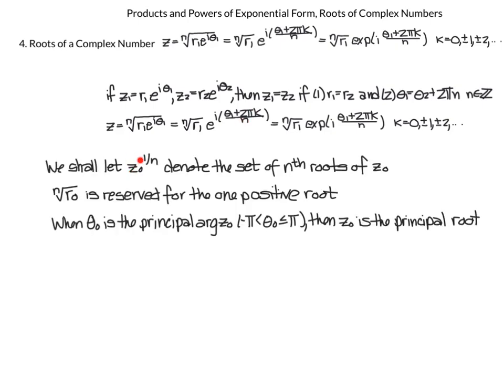So we shall let z naught to the 1/n denote the set of nth roots of z naught, and the nth root of r naught, with this particular notation with the root sign, is reserved for the one positive root. And last, when theta naught is the principal argument of z naught, that is, theta naught is between negative pi and pi, then the corresponding root is called the principal root.